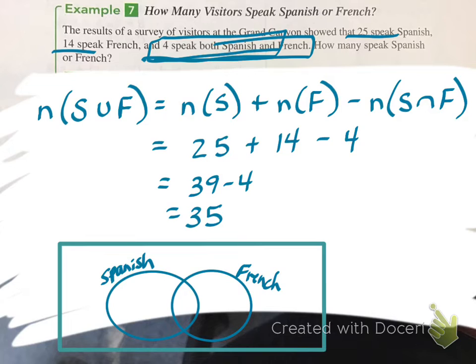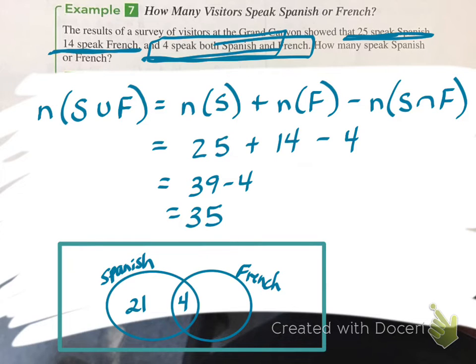That would be the intersect. There are 4 people that speak both, so we want to put them in the middle there. Now this circle on the left is all the people that speak Spanish, and we know there are 25 of them. Well, I already have 4 on the intersected part, so if it's 25 total, that'll leave 21 for the rest of the circle. We'll do the same thing for French.